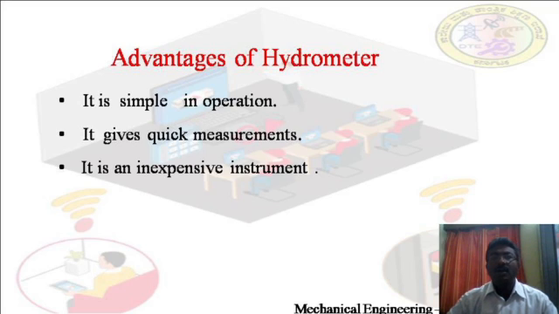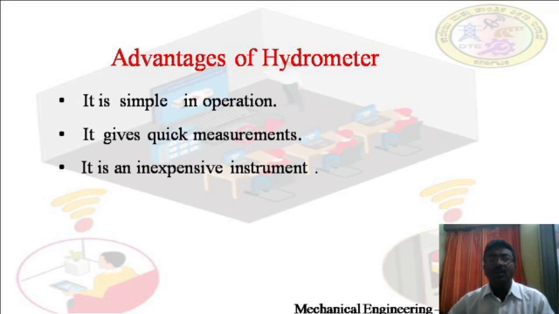Coming to the advantages of hydrometer. The hydrometer is very simple in construction as well as in operation. There is no complicated procedure in operating it. The second one is it gives quick measurements.